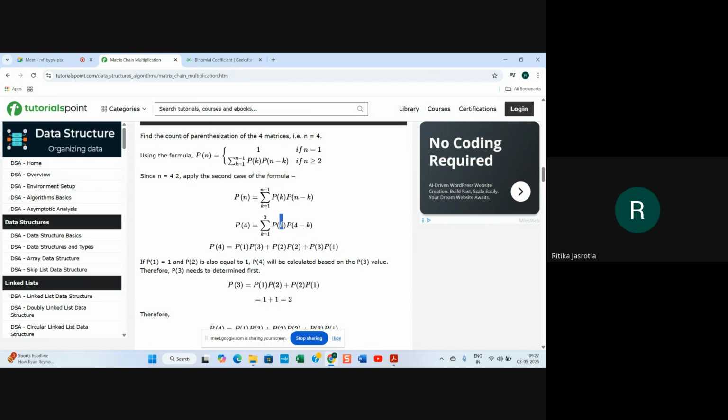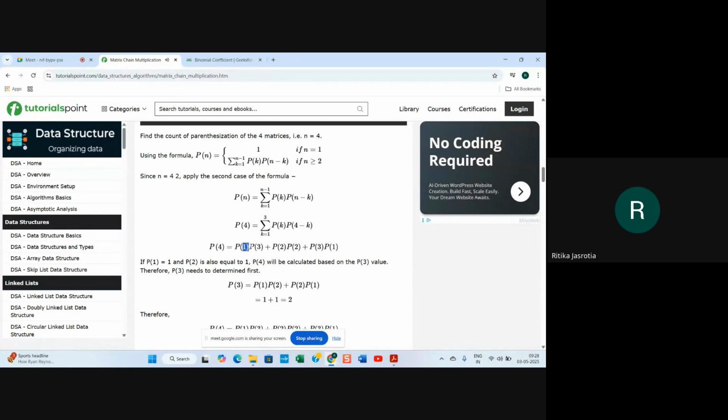If we keep K as 1, it will be P1 into P4 minus 1, which is 3. K goes from 1 to 3, sigma K equal to 1 to 3.